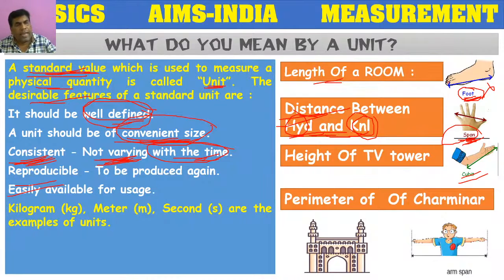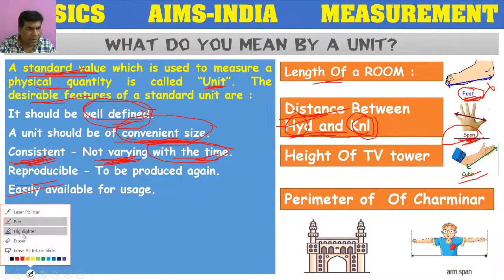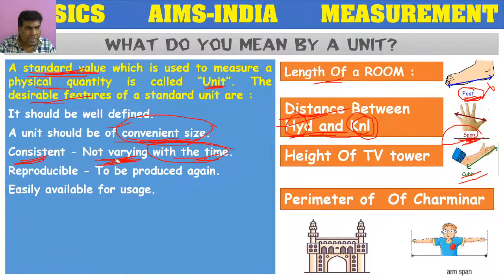So it should have all these desirable features. Let me repeat once again. What are the desirable features? One is well-defined nature, convenient size, consistent, reproducible, easily available.